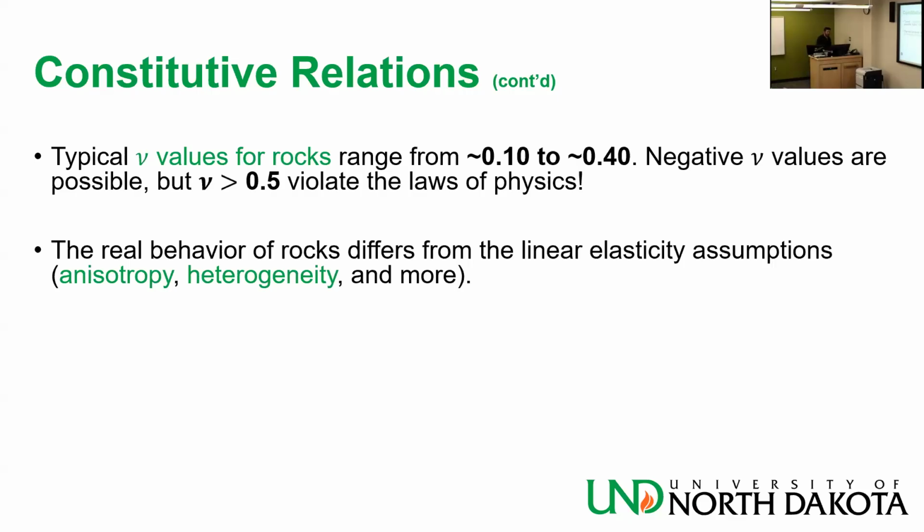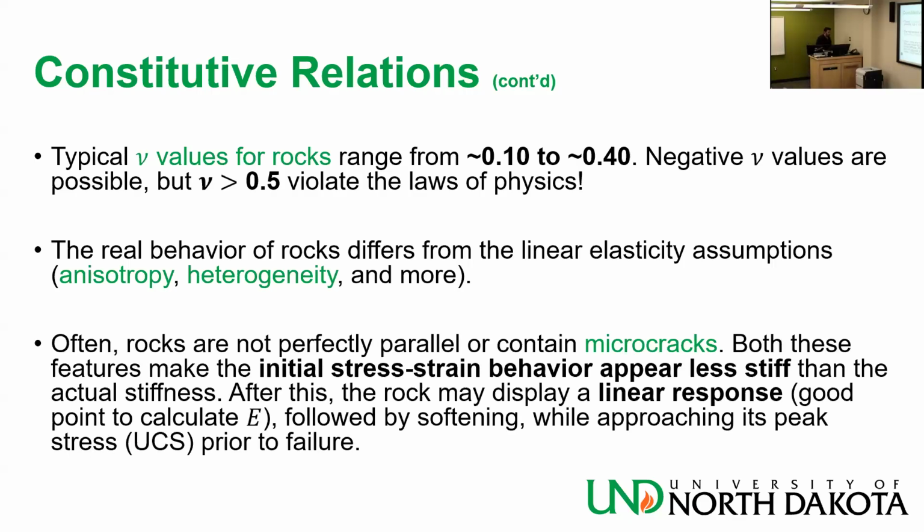Now, the real behavior of rock will deviate from linear elasticity. You have anisotropy, we said, change with direction, and heterogeneity, change with location or region. Often rocks are not perfectly parallel or contain microcracks.